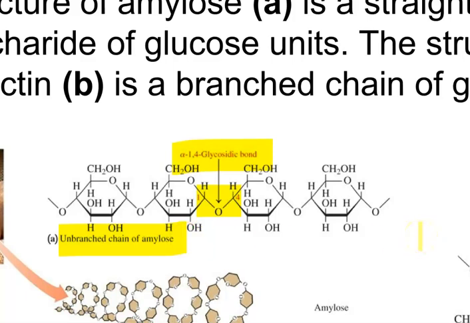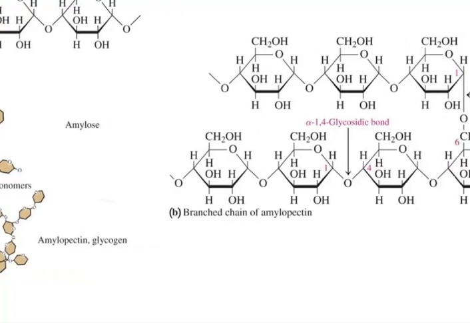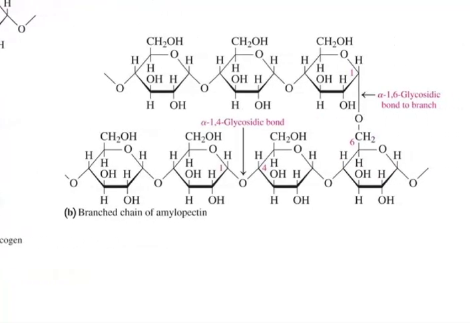Okay? In amylopectin, we have two kinds of bonds. One is classic alpha-1,4 glycosidic.